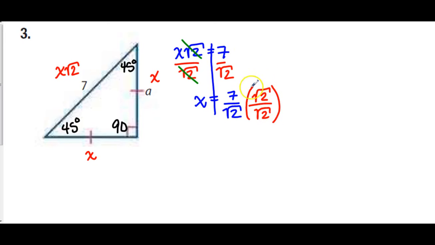Once again, we can do that because if you think about what this mathematically means, square root of 2 divided by the square root of 2 actually equals 1. So you're not changing the mathematical value of this fraction. Let's do that multiplication. So multiplying straight across, I have 7 root 2.